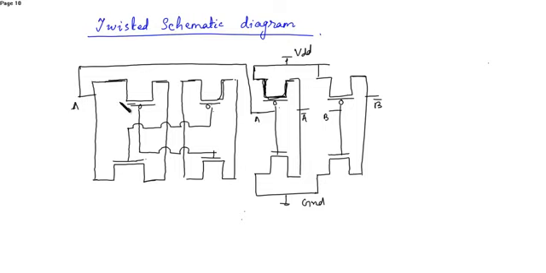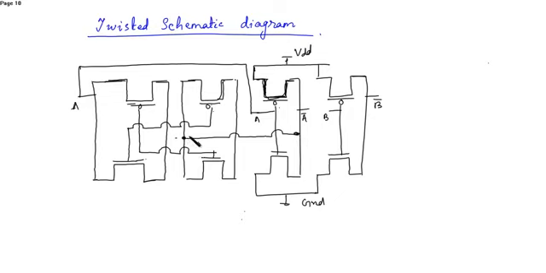Okay, so this is A and this is A bar. So A bar means this A bar will be connected over here. So make a connection from this side. This is A bar, then you can directly connect from here.